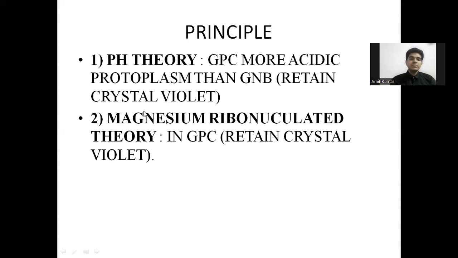Then number two is magnesium ion. Gram positive bacteria, GPB stands for gram positive bacteria, not gram positive cocci, consist of magnesium ribonucleate, and that magnesium ribonucleate retains the color of crystal violet in gram positive bacteria.